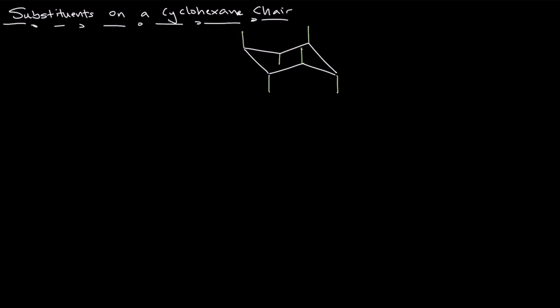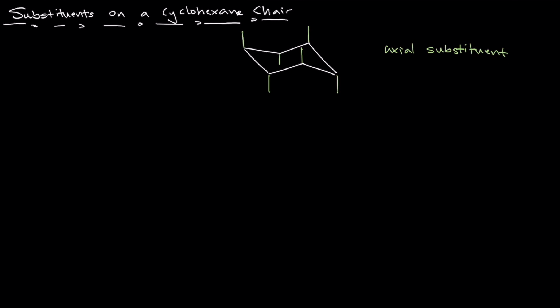All right, so these six positions that you have just drawn, these six spatial locations, notice they're always going up or down depending on the location on the cyclohexane ring. If you have a substituent on those positions going up or down on the ring, we call those axial substituents, okay?